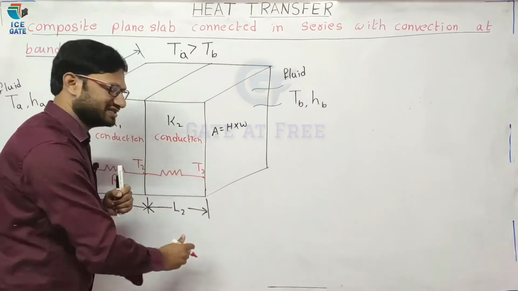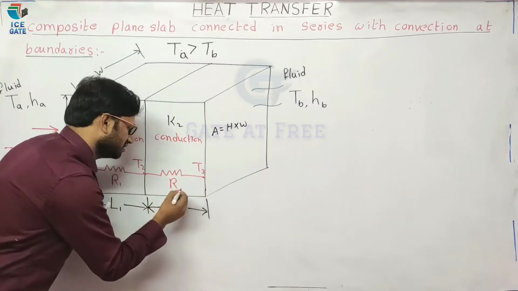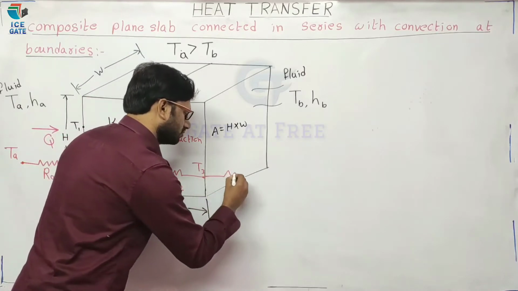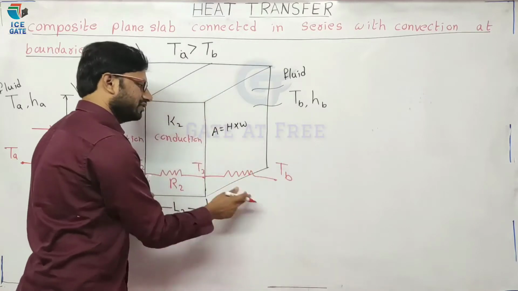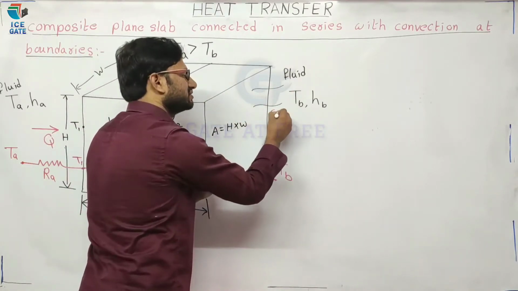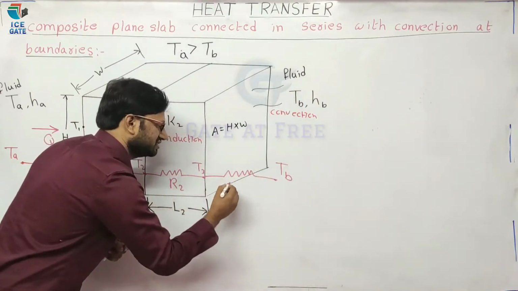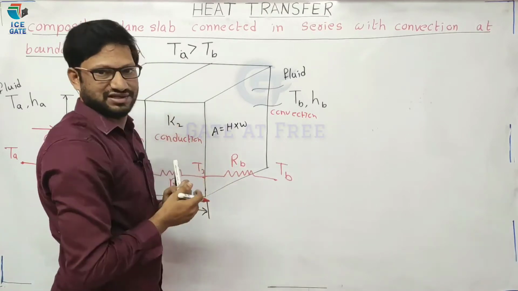Then the type of resistance is conductive resistance, that is say R2. Next, from T3 to TB, the mode of heat transfer from solid surface to fluid medium is convection. Therefore the type of resistance is RB, that is convective resistance.